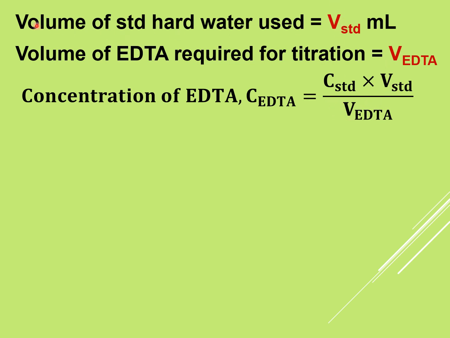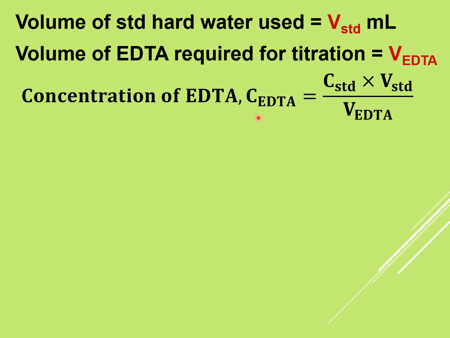V standard is the volume of standard hard water used. That we know, we have taken a fixed volume. Volume of EDTA required for the titration, that we can get from the burette reading. So C standard we have calculated in the first step. So substitute here, C EDTA is equal to C standard into V standard divided by V EDTA. You will get the concentration of EDTA. That is the second step. Okay, the second step is over.